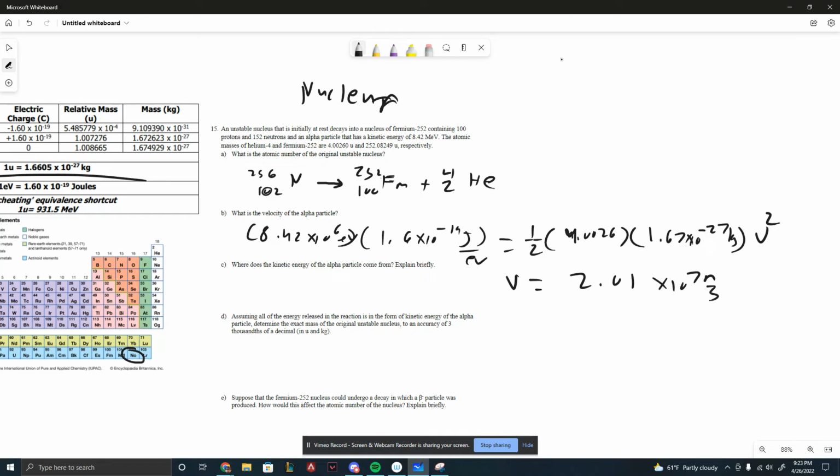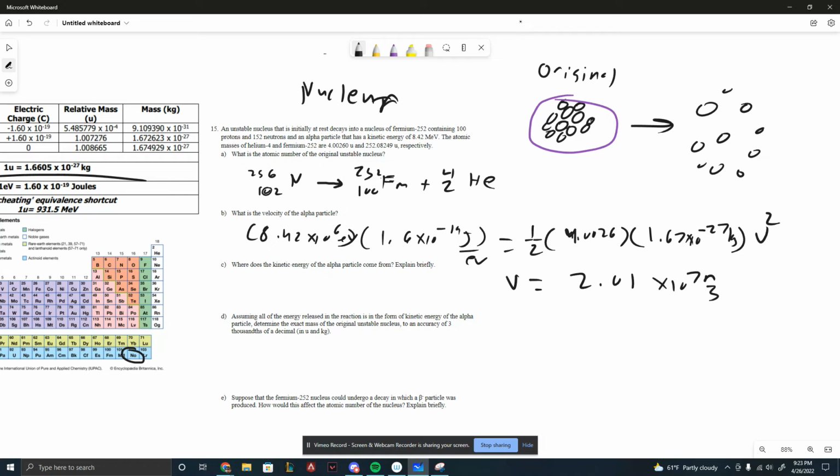When it comes to nuclear physics and reactions, basically, you have your original nucleus, so all your protons and neutrons right here in the center, and then it reacts and they all kind of are scattered apart.